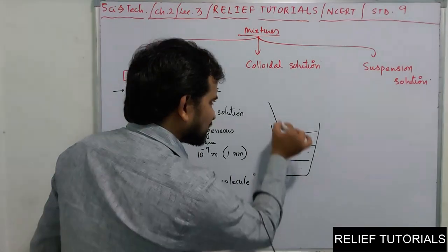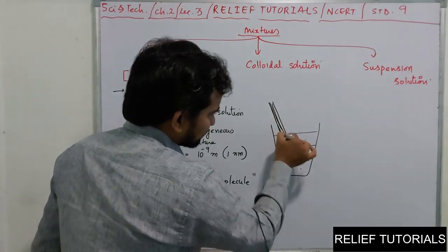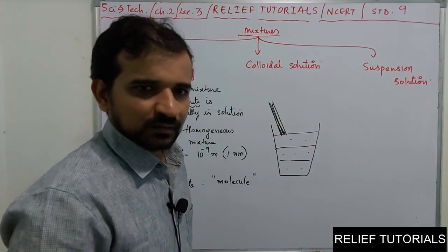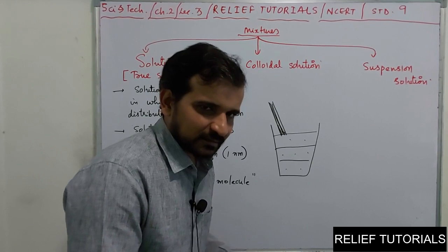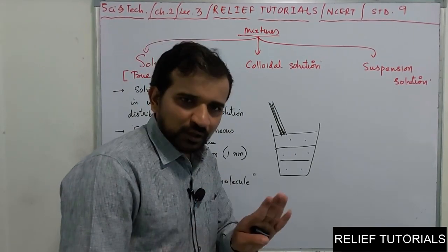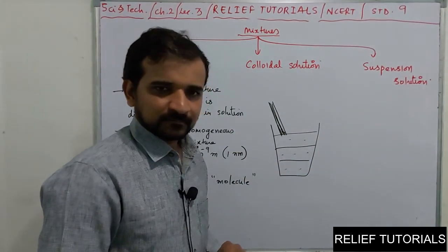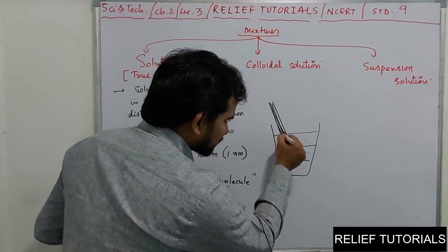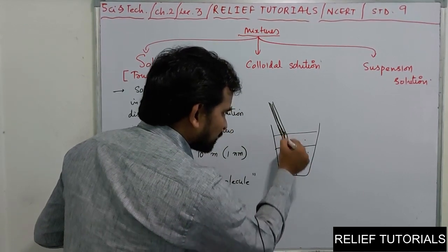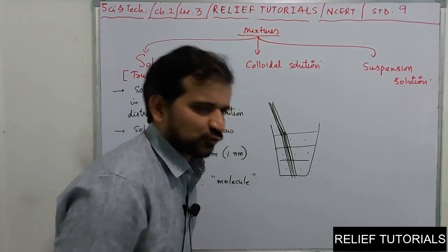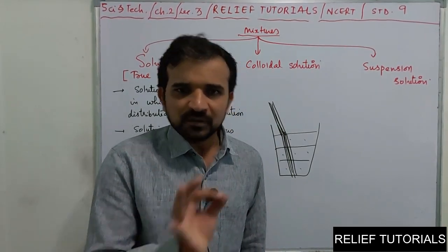So if you incident a beam of light, the light rays will not get affected by these molecules. When the light goes, it only refracts because of the water molecules, but the salt particles are too small so they cannot disturb the light.